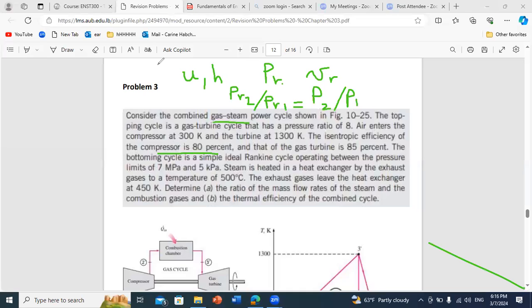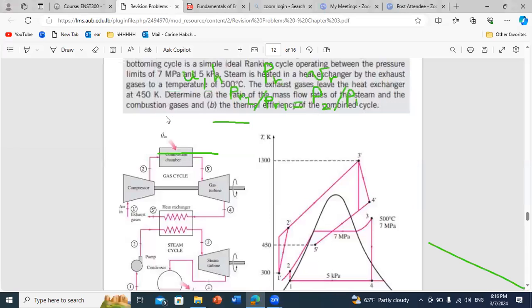And for example, if you consider the compressor, okay? So for the compressor, if we look at the figure here, what do we have? The inlet point is 1 prime, okay? And the exit point is 2 prime.